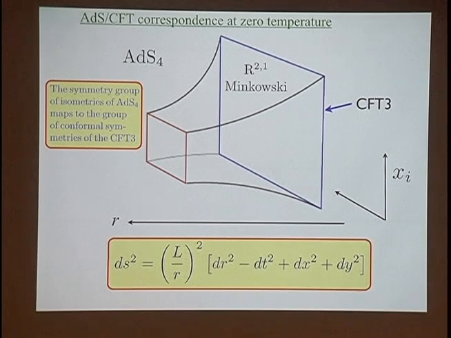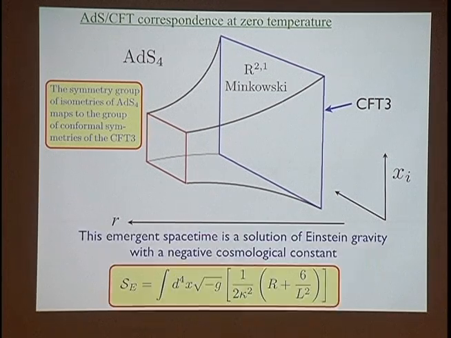Okay, so that's just at a very general level. Now it turns out that this AdS4 is also the solution to the very simplest and the original theory of gravity, and that's the Einstein theory. It's one of the solutions where you take a negative cosmological constant. The combination of the gravitational constant and the cosmological constant will give you one dimensionless number, and that dimensionless number is related to what's called the central charge of the conformal field theory.